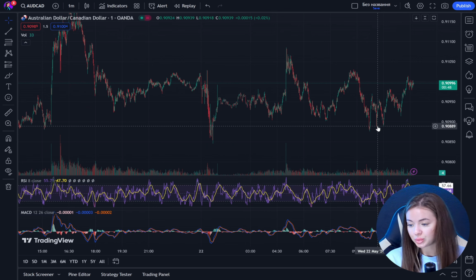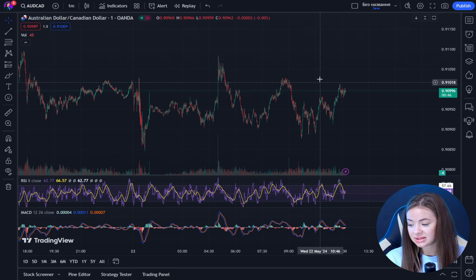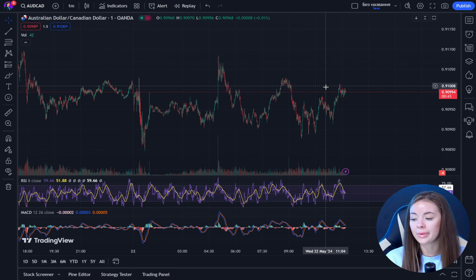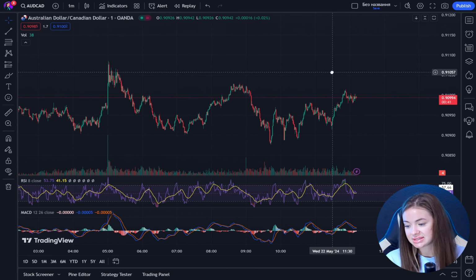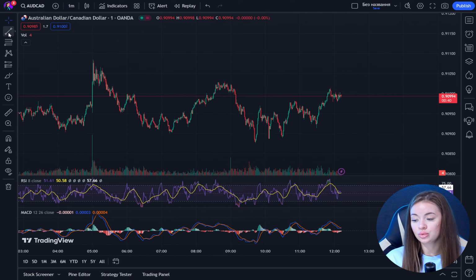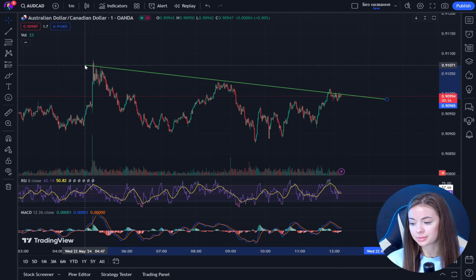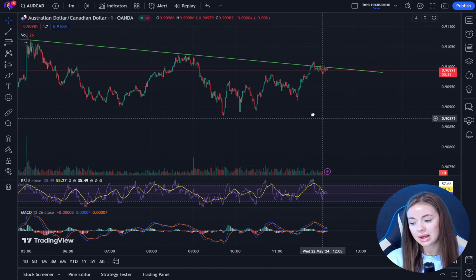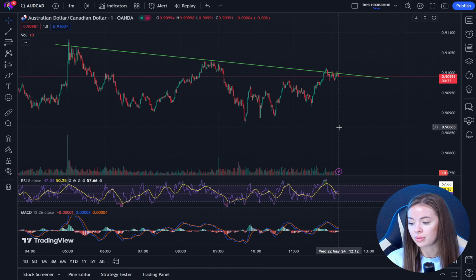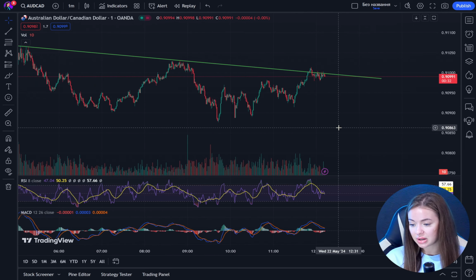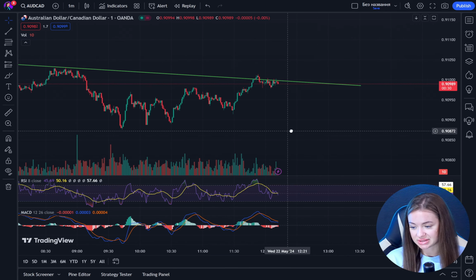On this chart we see the RSI indicator which recently crossed the 50 level from above, suggesting the beginning of a downward movement. The MACD indicator also confirms this movement. The MACD line crossed the signal line from above and the histogram is starting to decrease.